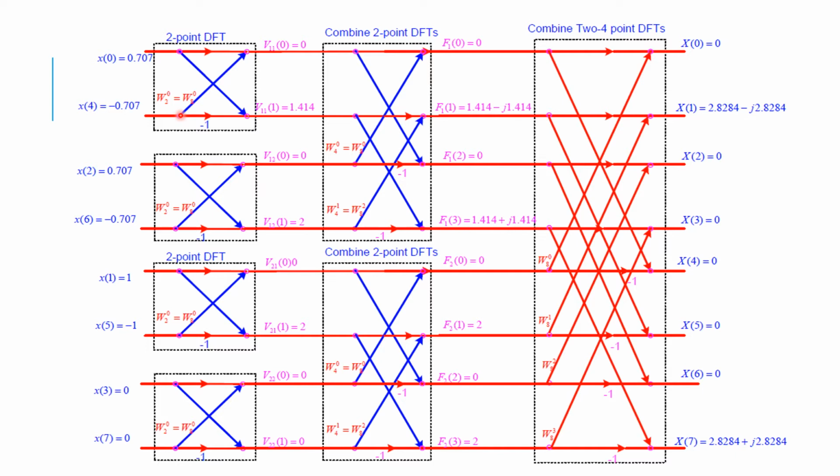At this point it is minus 0.707 into W8 to the power of 0. Right? After multiplying this, take it here. What is already stored here? It is minus 0.707. Plus minus 0.707, what will be the net result? The net result is 0. Right?